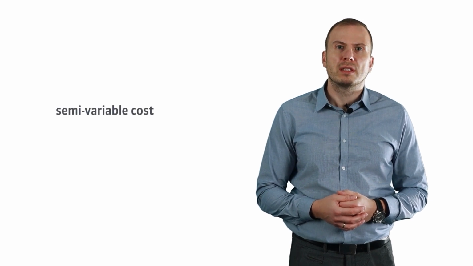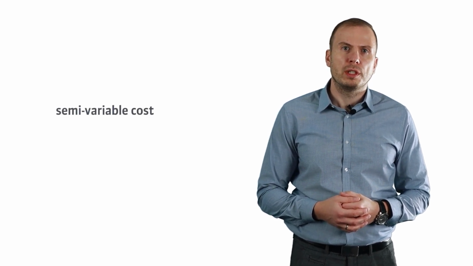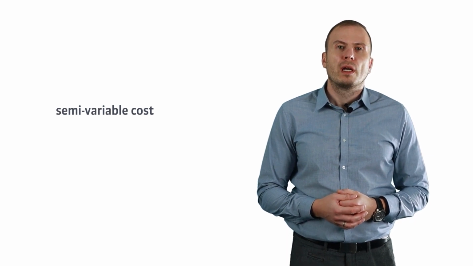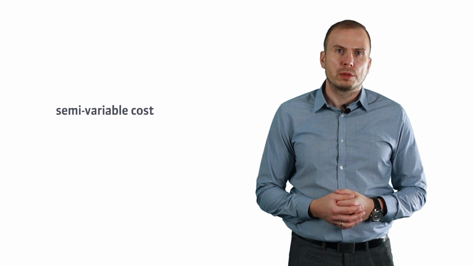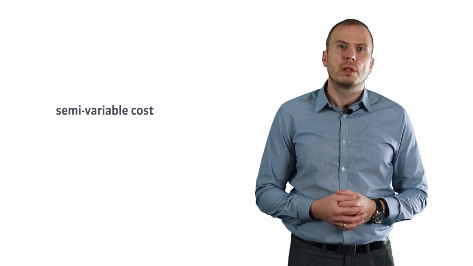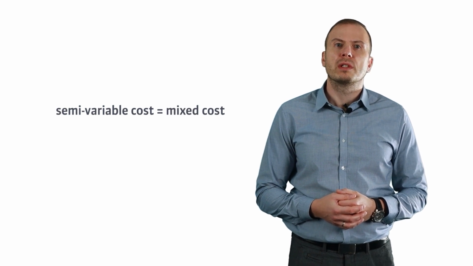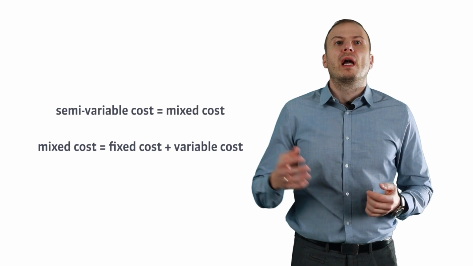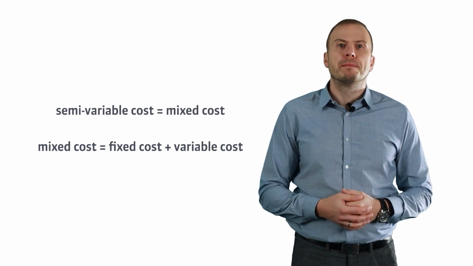As I mentioned in the video about variable costs, the term semi-variable costs is used in such situations. Semi-variable costs are sometimes called mixed costs because they contain both a fixed and a variable component.